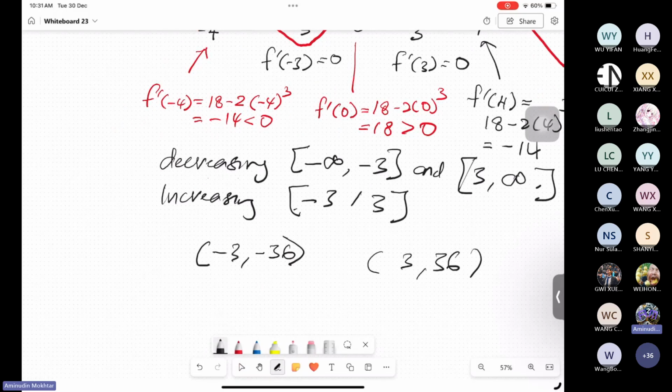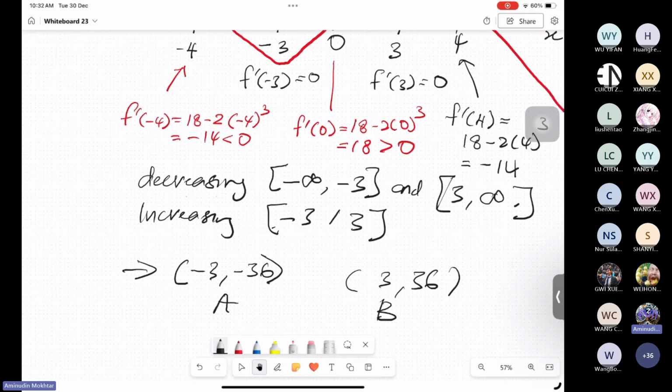Let's say point A and point B. We need to decide which one is the minimum or maximum point.